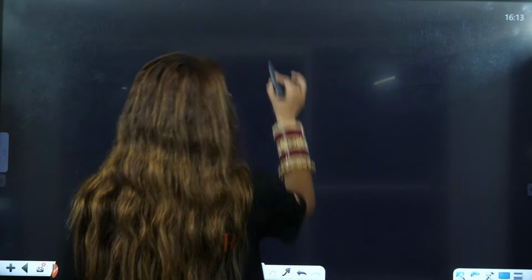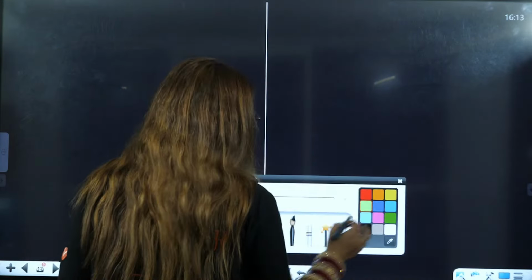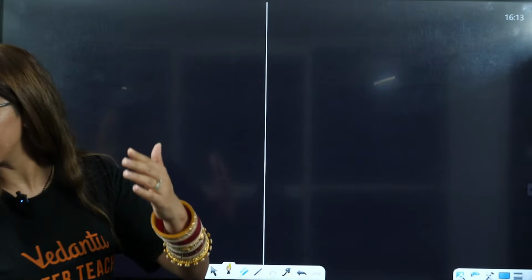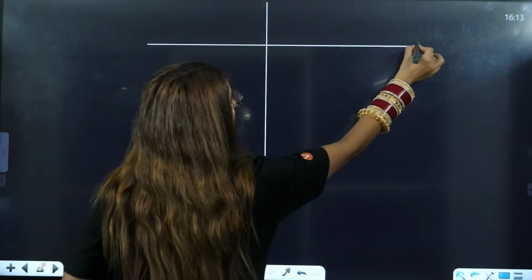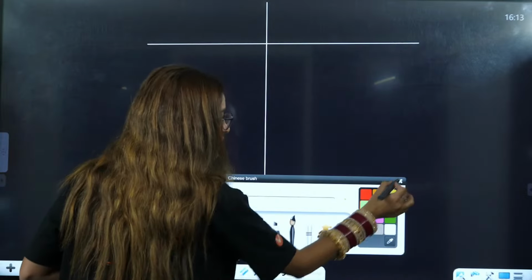Now, I'll give you one very important thing here, students, so that you are able to answer these questions in the exam as well. For example, they have given you sigma plus pi. How are you going to solve this?